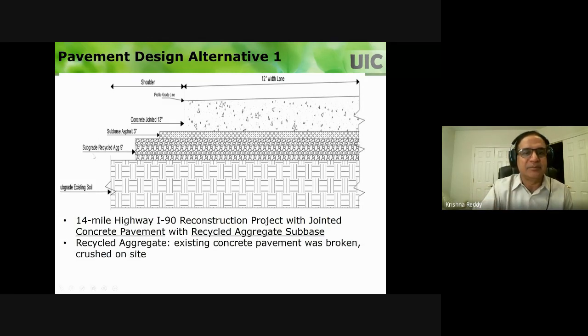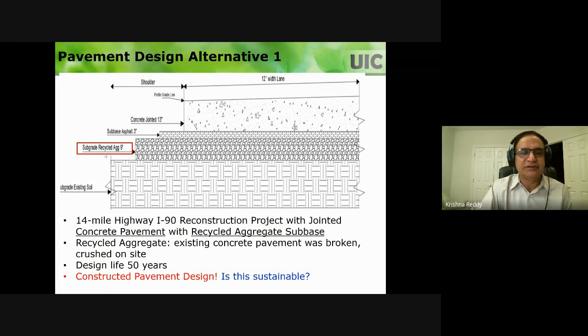I said subgrade, but it's actually subbase. And so they reuse the recycled aggregate right from the same location. And the design life of this pavement is 50 years. So this is not a recycled subgrade, it's a recycled aggregate subbase, 9 inches.